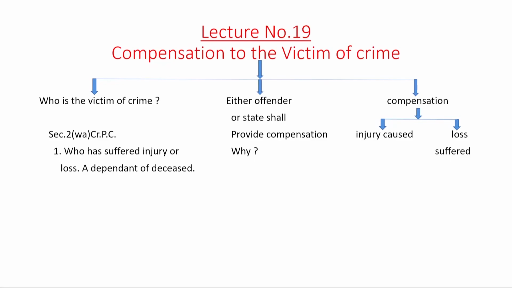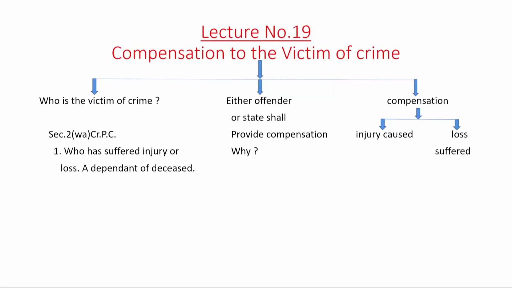You see, by this amendment, two things you need to remember: the person who himself is the sufferer, the person against whom the crime is committed, or the dependent of the deceased has also been considered by the criminal justice system to provide financial assistance to the dependent of the victim of crime.